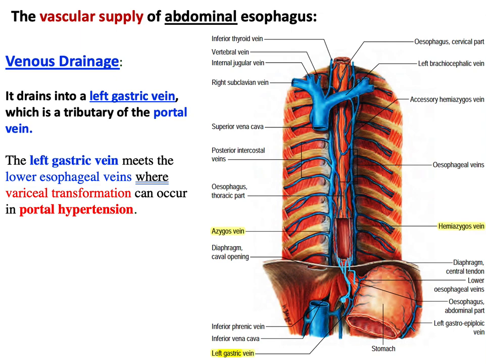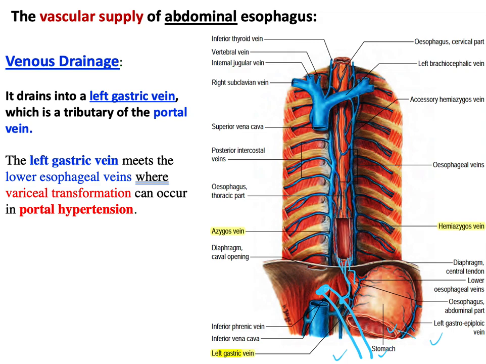So let me say that the left gastric vein drains the blood into the portal vein. The portal vein is the main source of venous drainage from the intestine, spleen, stomach, pancreas. So all the blood is drained there into the portal circulation or portal vein.